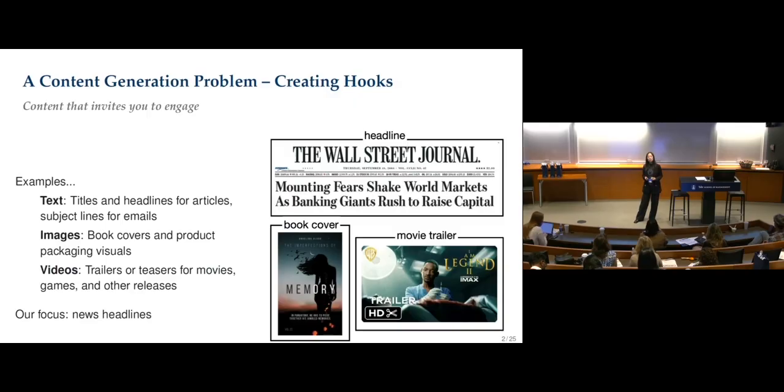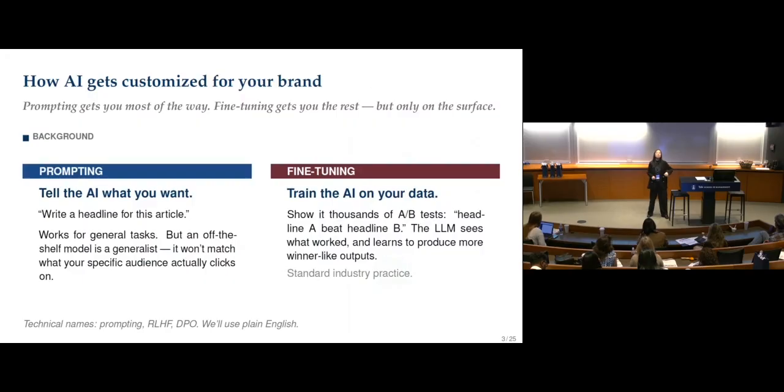So if we want to use AI to automate this generation, it actually has been adopted by many firms. How do we do that? The simplest thing you can do is prompting. You can simply tell AI what you want. You can say, write a catchy or engaging headline for this article. And it works fine. It gives you decent, reasonable performance, but it's not optimized.